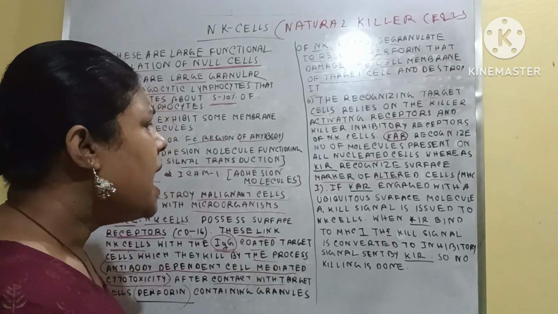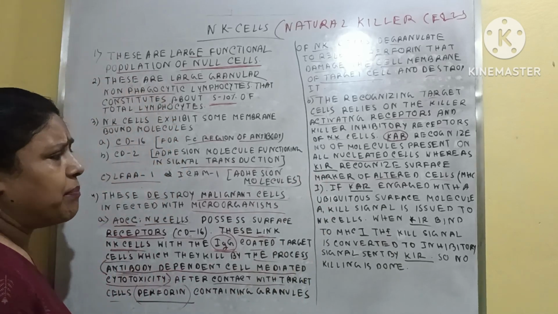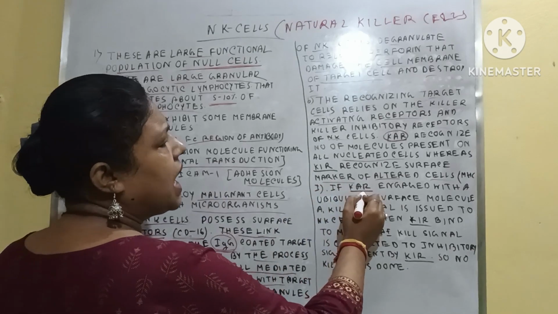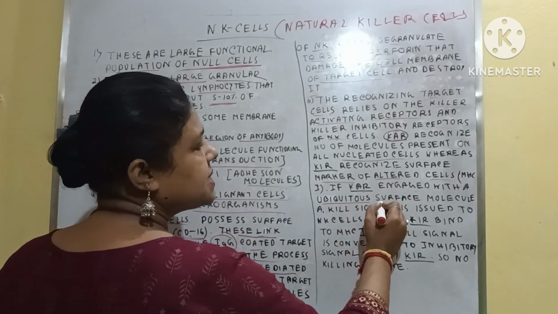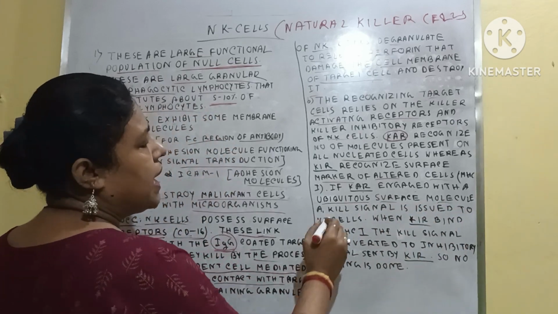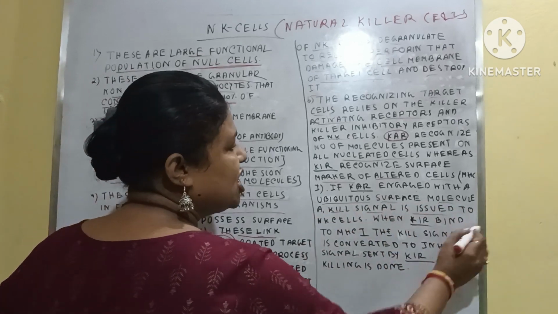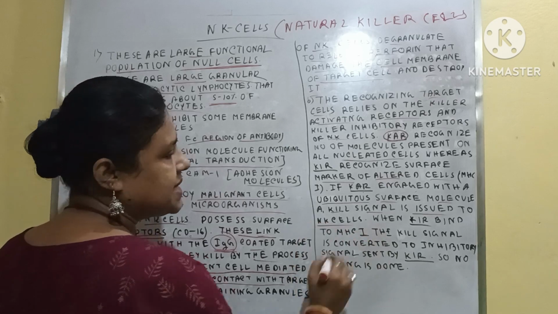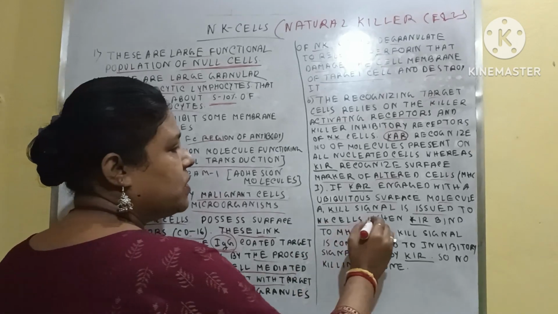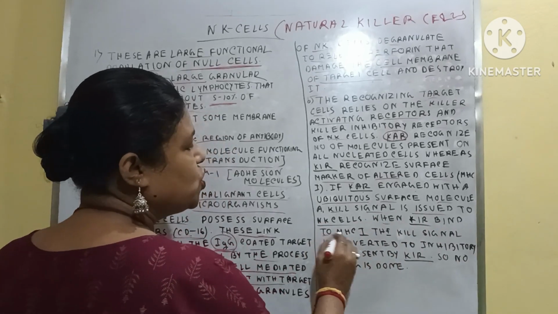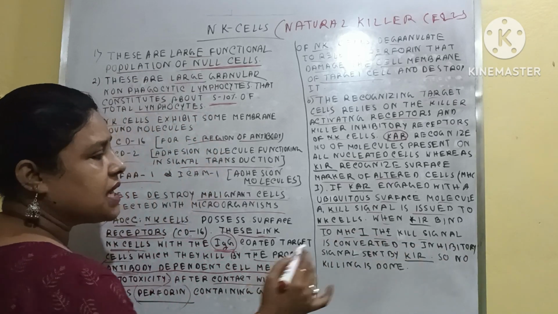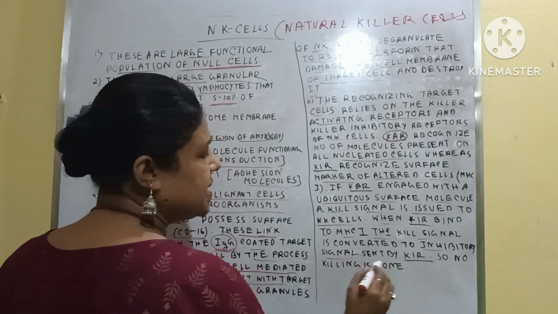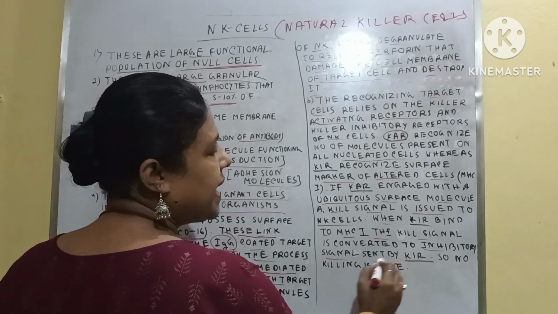And what is happening here? If KAR engages with a ubiquitous surface molecule, a kill signal is issued to the NK cells. But when KIR binds to MHC1, the kill signal is converted to an inhibitory signal sent by the KIR.